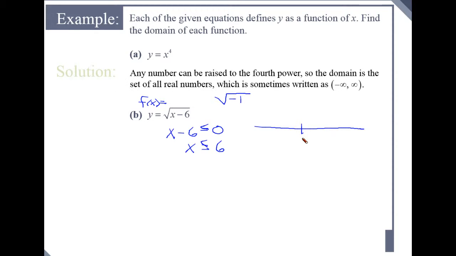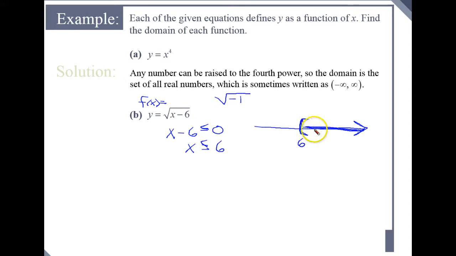Now we said it could be a 6, and 6 would be included in the set. And you put a bracket to indicate that 6 is included, and then you darken this line. That indicates the numbers continue to positive infinity.